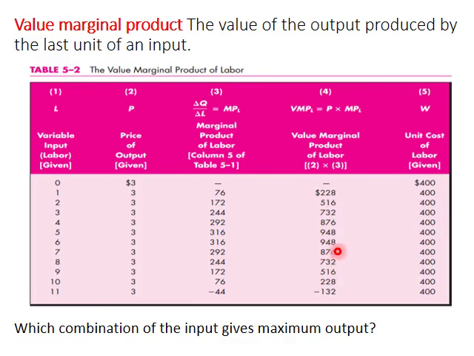As long as this side is greater than this side, we can continuously add more and more input variables, that is labor. Here it is less than 400, so adding the 10th labor incurs a loss, because the value obtained from the 10th labor is less than the cost incurred due to the 10th labor.